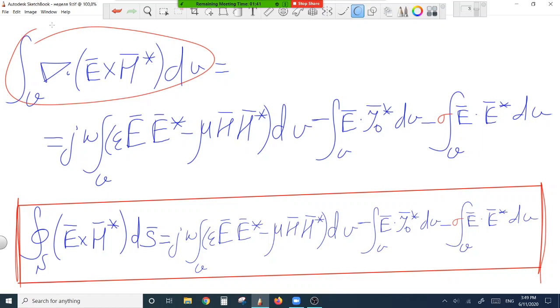Where in our case J0 indicates a source current density.